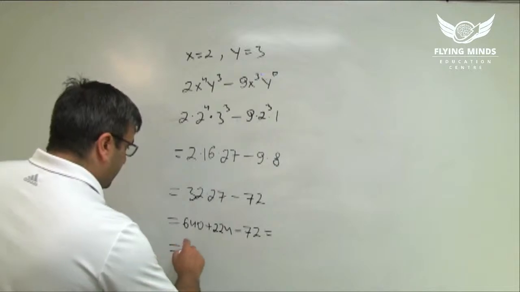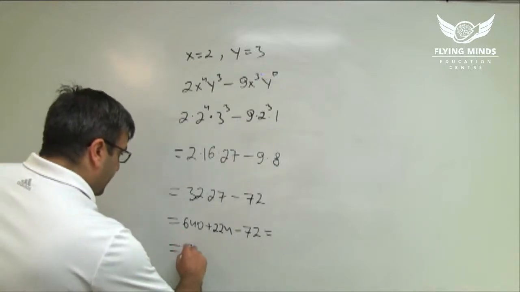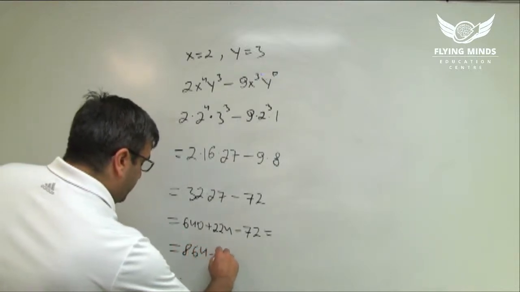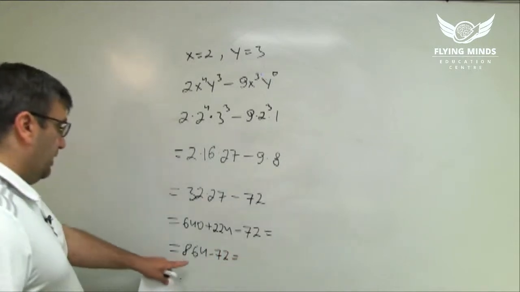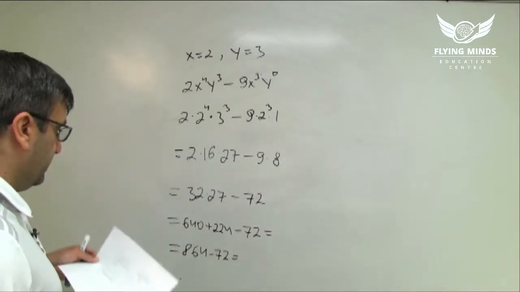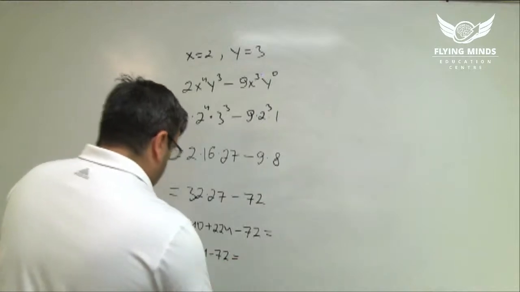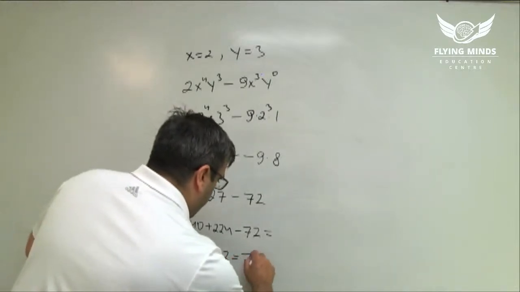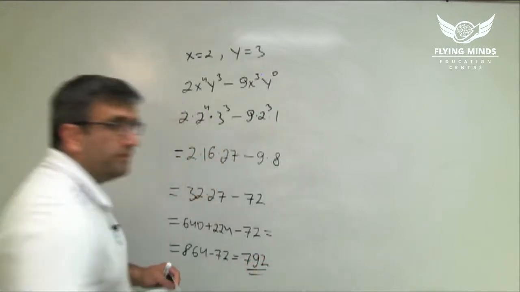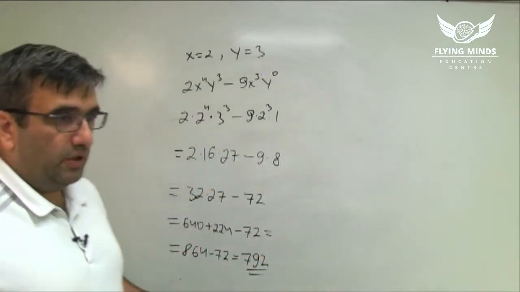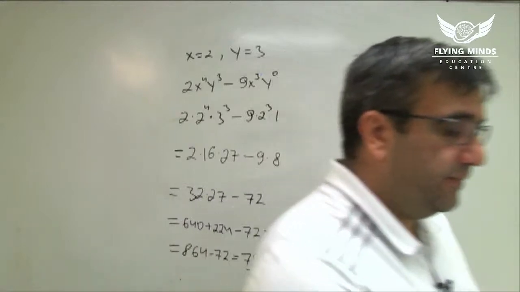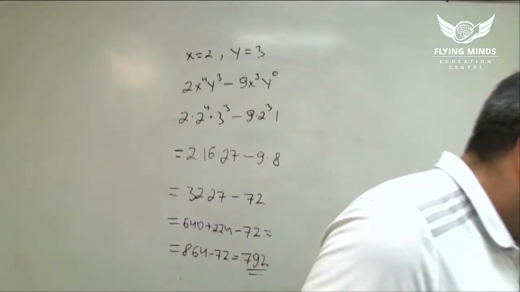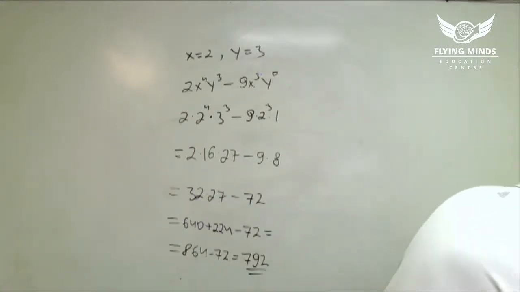And we get 864 minus 72. It will be 792, right? 792. So not hard. So we're done with this page. We can move to the next.